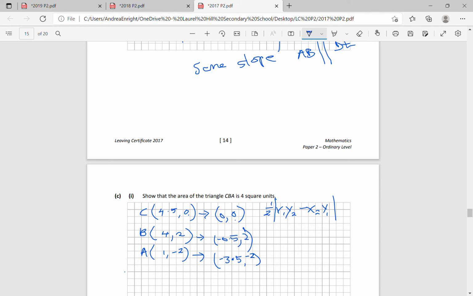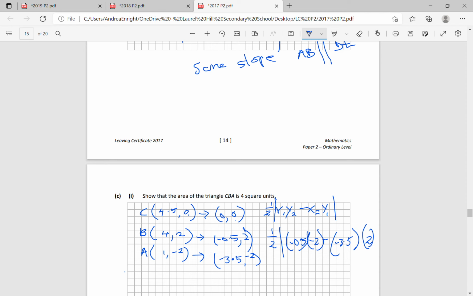Okay, so then we fill in. So it's a half times x1, which is minus 0.5, times y2, which is minus 2, minus x2, which is minus 3.5, times y1, which is 2.